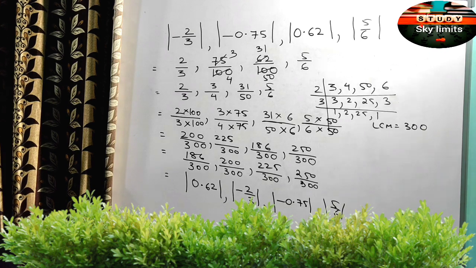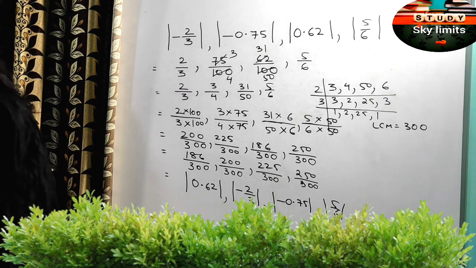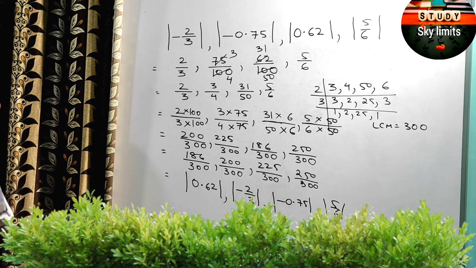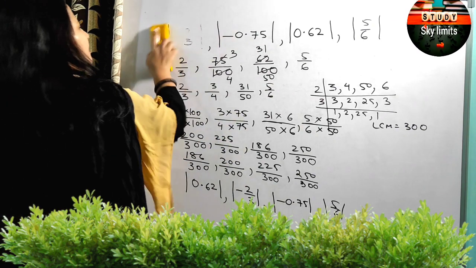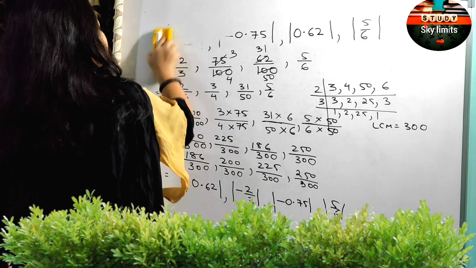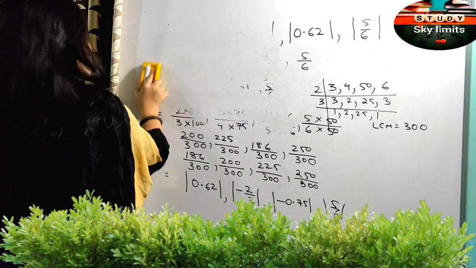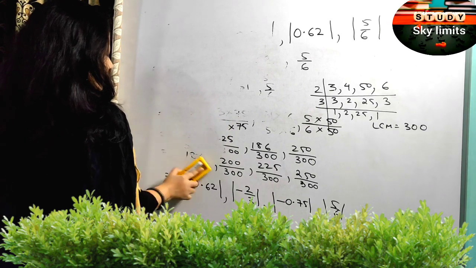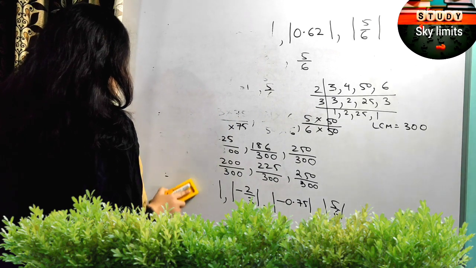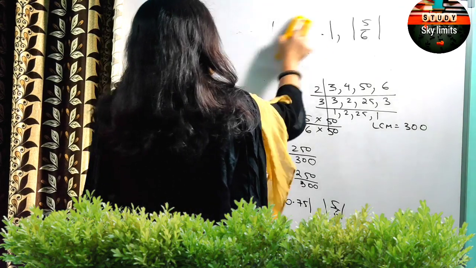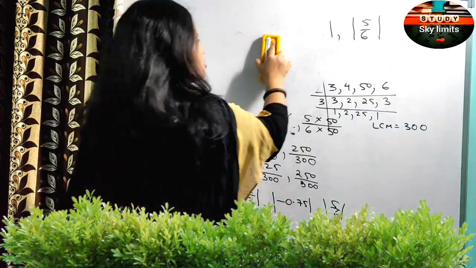So I've selected a few selective questions for you so that it becomes easy for us to solve the numbers. Just make your ideas very clear with the integers as well as the fractions. Then rational numbers become very easy. So let us take one more question from addition.